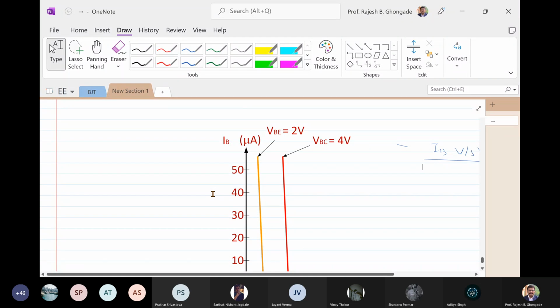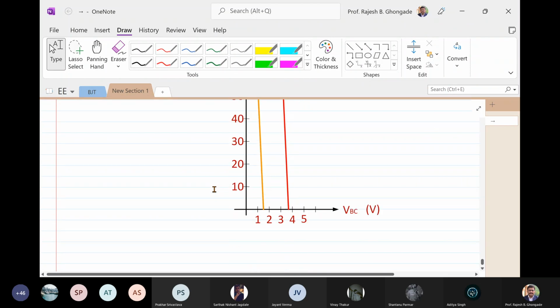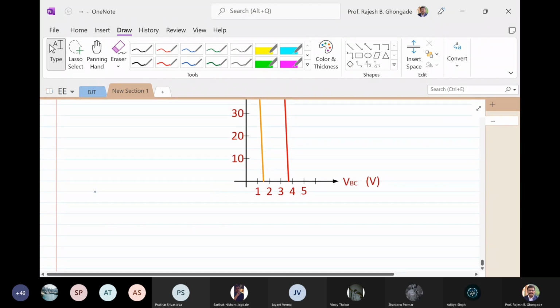So these are the characteristics that you get. And why do we get this? Because we have VCC equal to VCB minus VBE. So these are indirect characteristics, or simply VCB as VCE plus, sorry, it should be VCE plus VB.